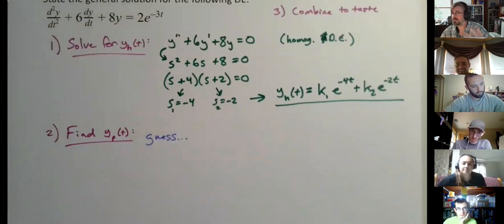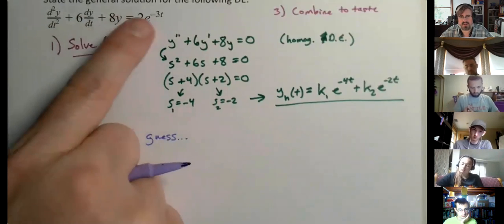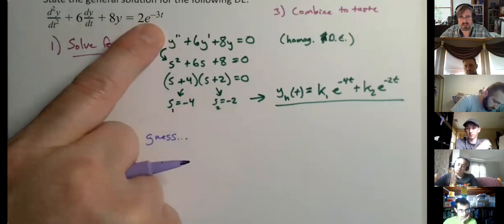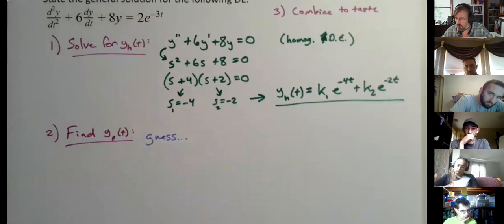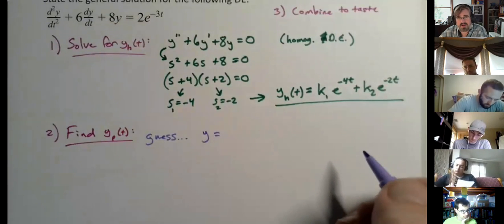So it's an exponential on the right-hand side. Therefore, it makes no sense to guess things like sines and cosines or polynomials, because there's no way you can take the derivatives of a polynomial and magically get an exponential out of it. The only way this is going to work is if we guess something that is an exponential.